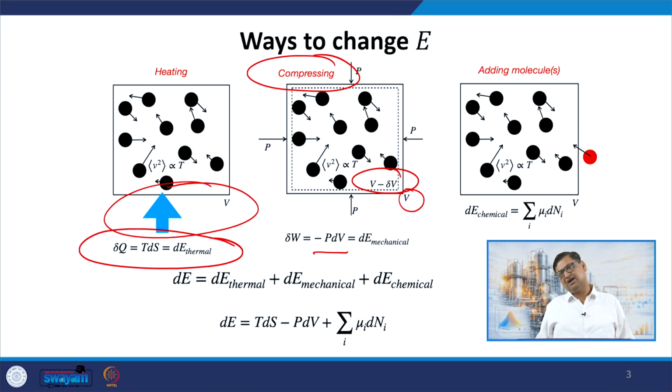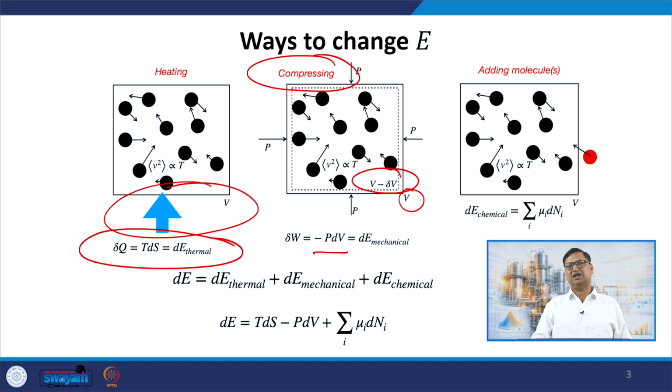And then finally, the third type of adding energy to the system or doing work on the system is by adding molecules. Let us say you have a water solution and you want to add some other component, let us say sugar, right. It is already a solution and you are adding another molecule in there, or let us say you have pure water and you are adding a new solute species. In those cases, whatever species I am adding, that will lead to some chemical energy that we associate with the idea of chemical potential.